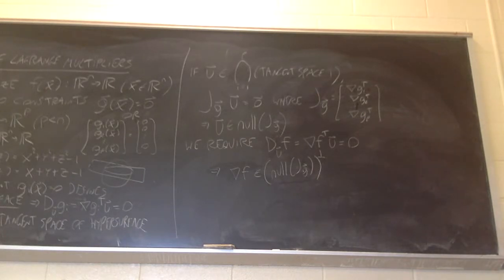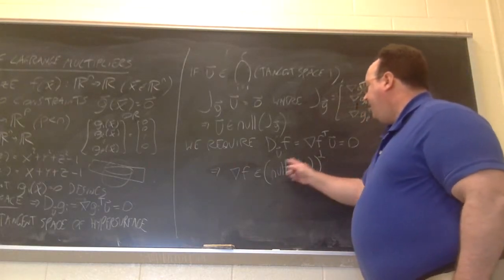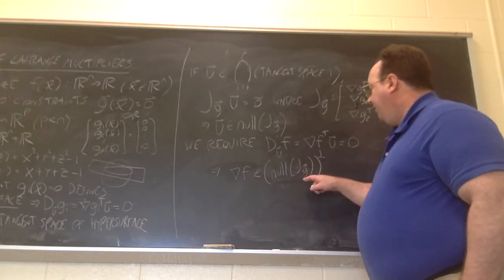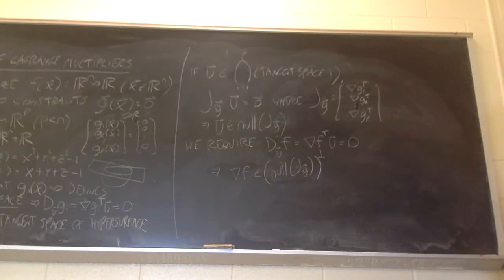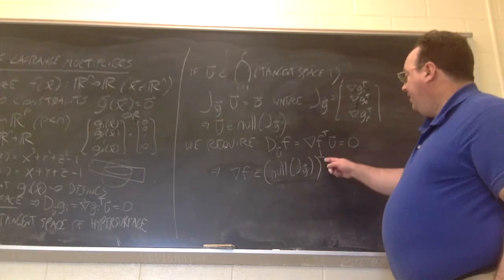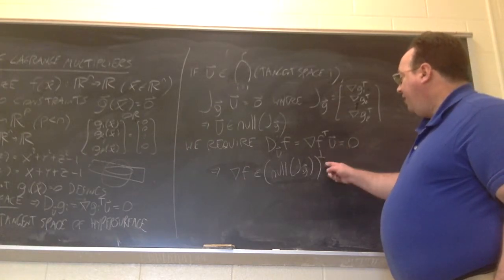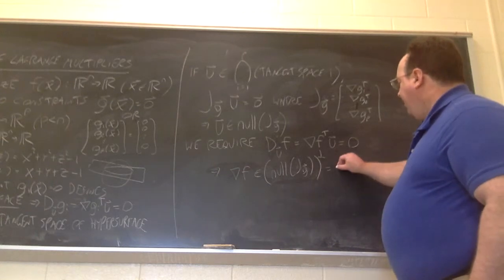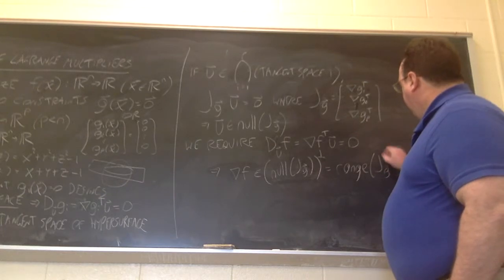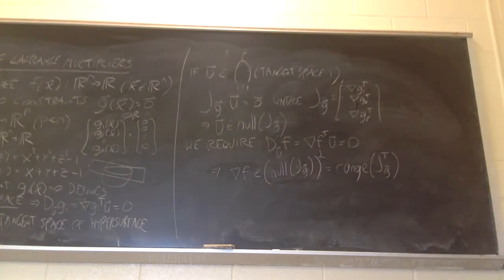Now, we actually know what that is. For any matrix, the orthogonal complement is the set of all vectors that are orthogonal to every vector in this subspace. So the orthogonal complement of the null space of a matrix is, in general, the range of its transpose. That just holds in general.